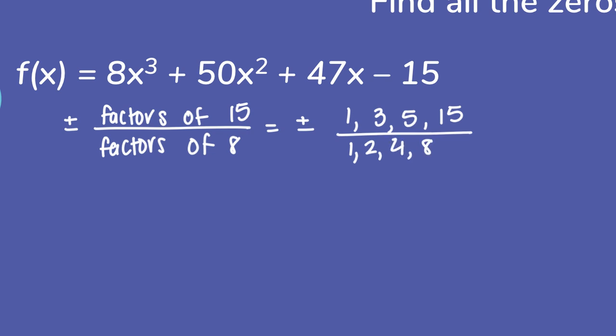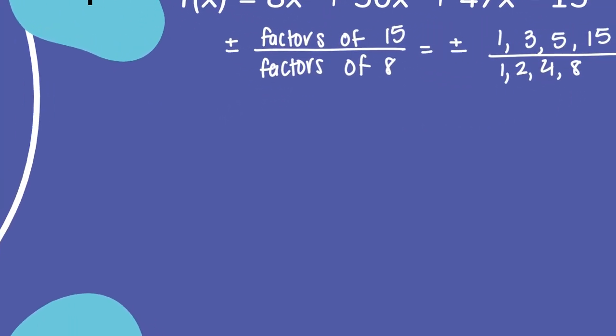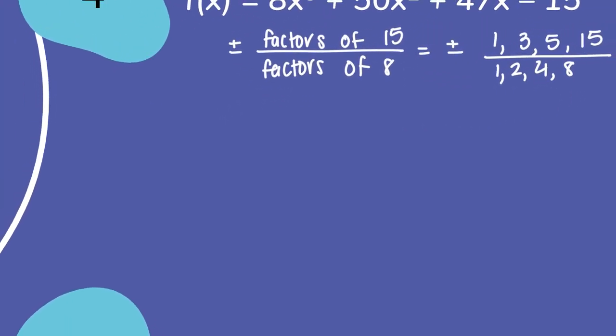Now, what am I going to do with these? These are my possible roots. Now, how do I determine which ones work? Before I start plugging stuff in, I'm going to write them out. What do I mean by writing them out?